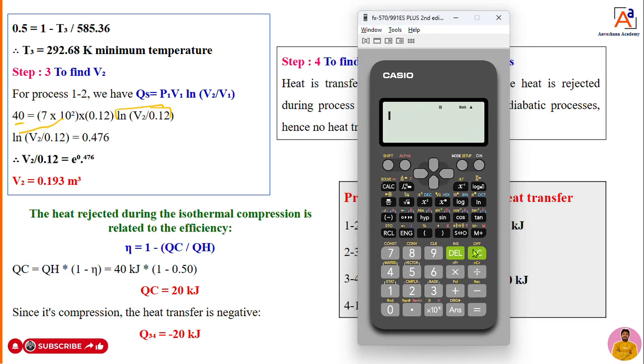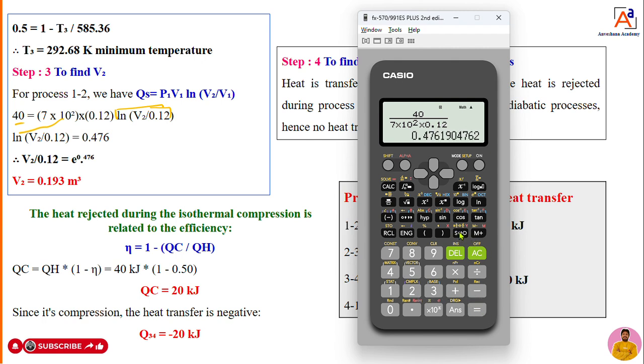You can see here how to do the calculations. 40 divided by 7 into 10 to the power of 2 into 0.12. So what is the answer?